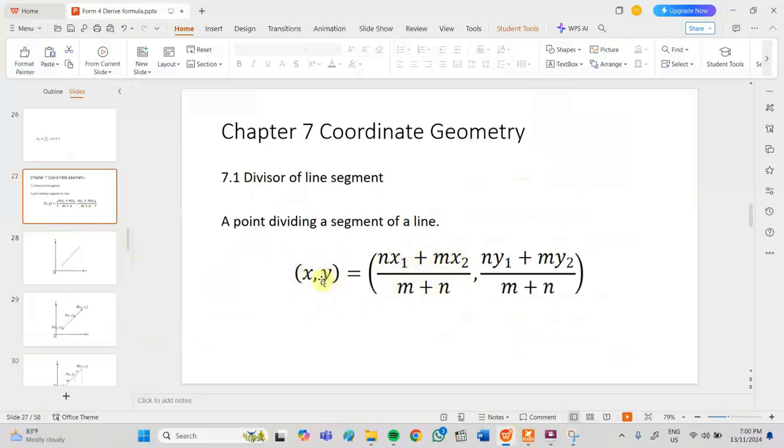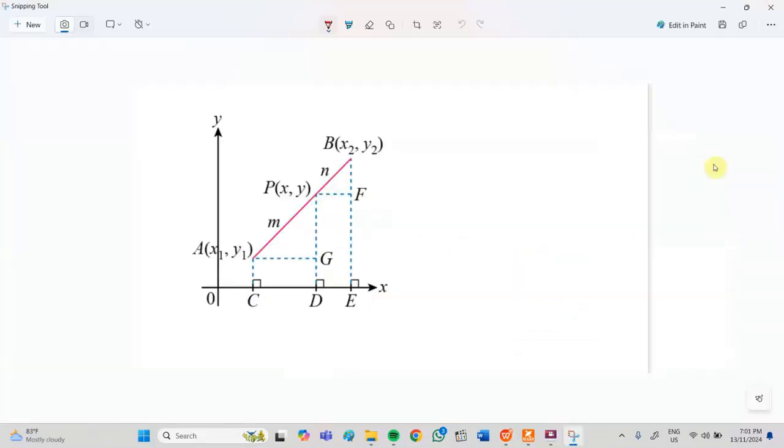And now we want to move on to the y, where y equals this. This time we're still using the same diagram, just that we add a horizontal line here, and we add the points G and F at the intersection points. Likewise, the y value of this point is y1, so here we have the height y1.